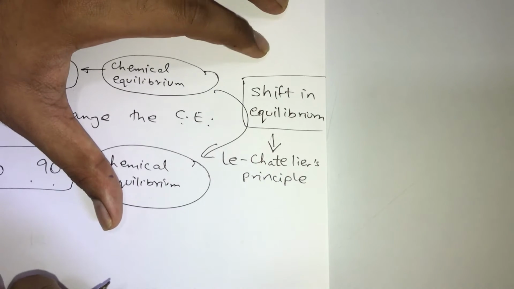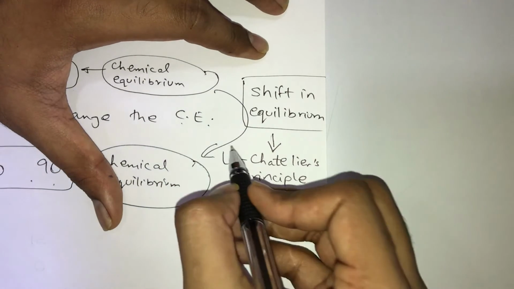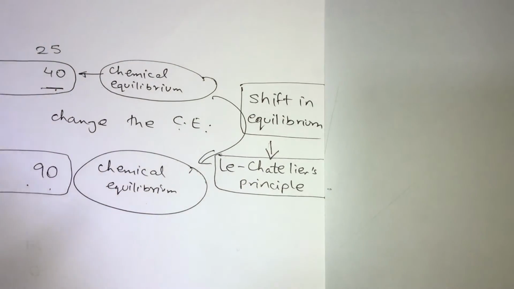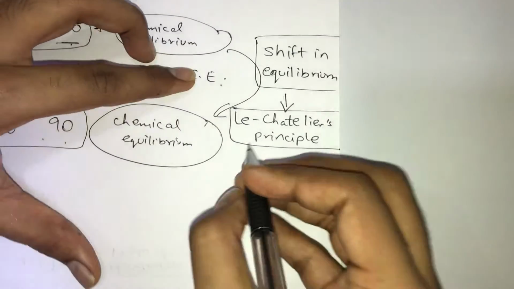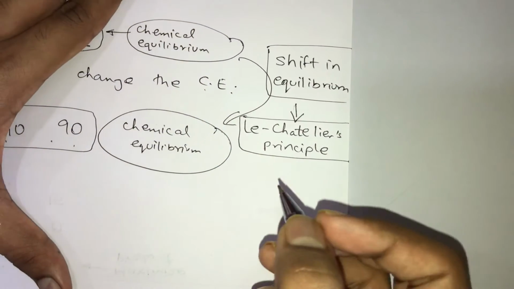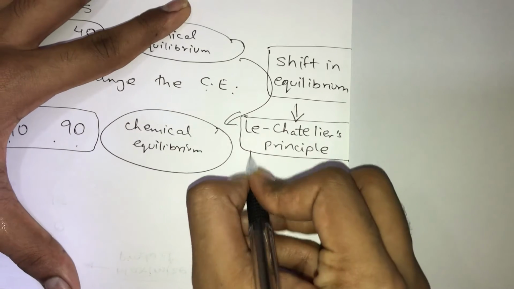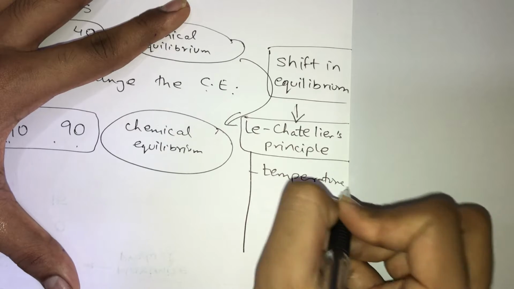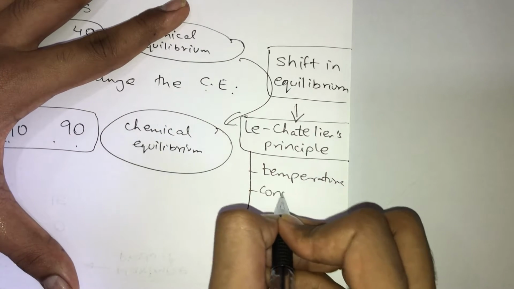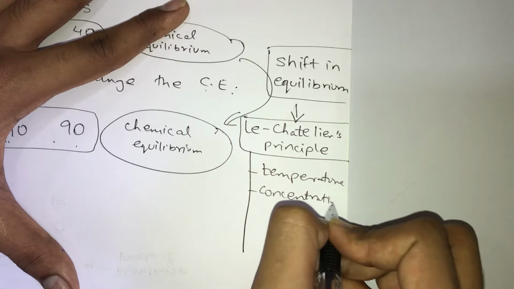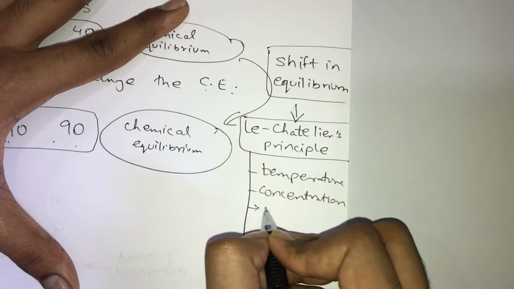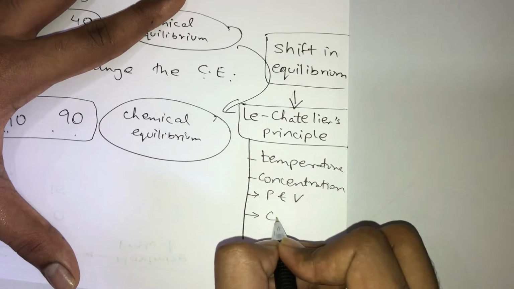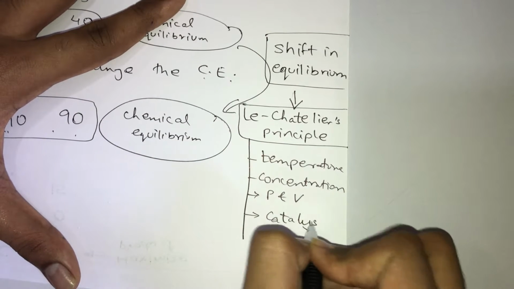So you are going to make use of Le Chatelier's principle, which helps us to understand how to change the equilibrium, or instead how the equilibrium is affected when we change the temperature, when we change the concentration, or when you change the pressure and volume, or when you apply a catalyst.